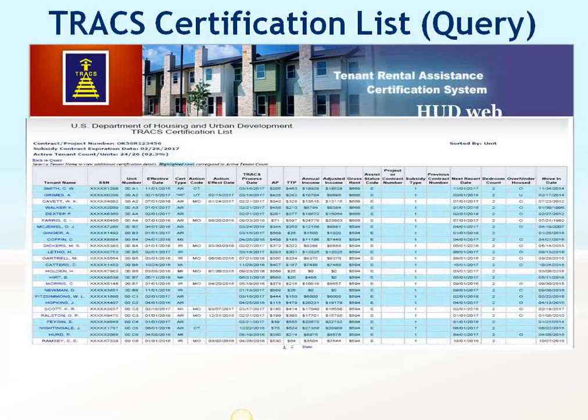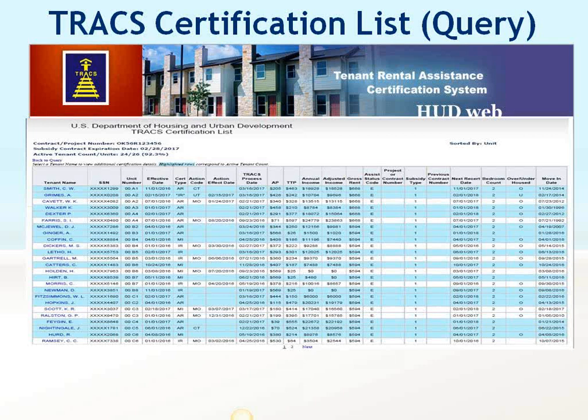So what I want to show you is what the certification query looks like in TRACS. So when you are getting ready to try and resolve a discrepancy, you should check and make sure that the most current cert that's listed on this cert query in TRACS is going to be the same effective date and cert type as the cert you have on the top of your tenant file.